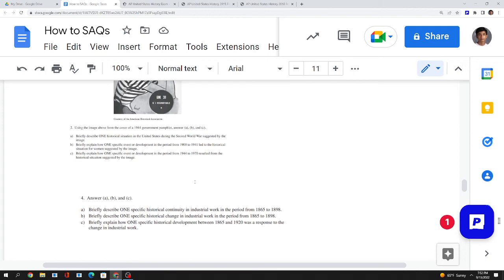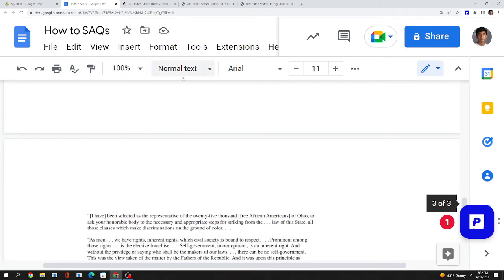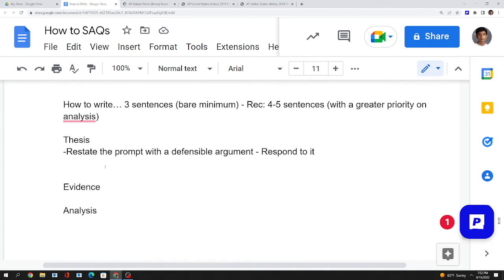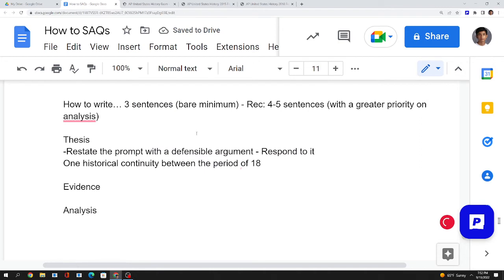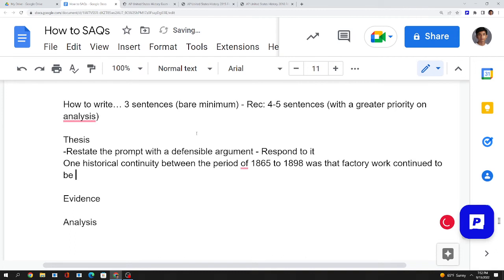Briefly describe one specific historical continuity in industrial work in the period from 1865 to 1898. I would say one historical continuity between the period of 1865 to 1898. As you can see, I directly restated the prompt was that factory work continued to be a grueling task.